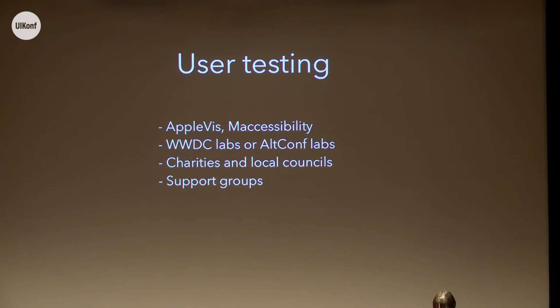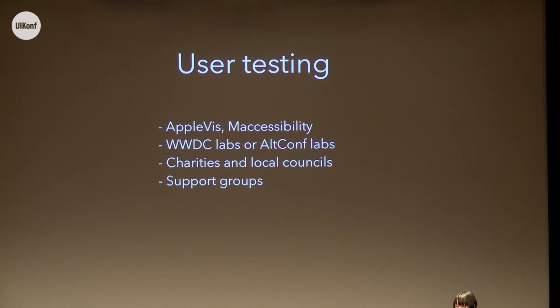But yeah, the most important part of testing is trying to get some user testing done. So AppleVis has some great forums, and there's always people on there that are completely up for doing user testing. And they have lots of resources on how to add things, and they're always super excited about stuff, as well as Mac accessibility.